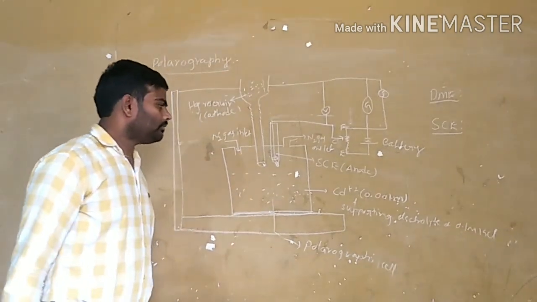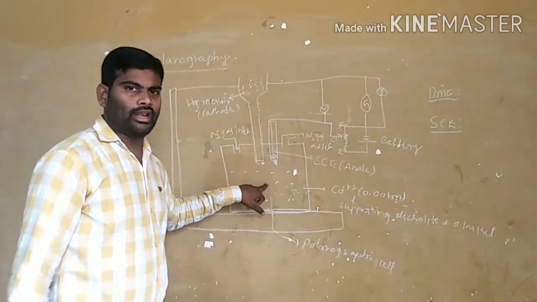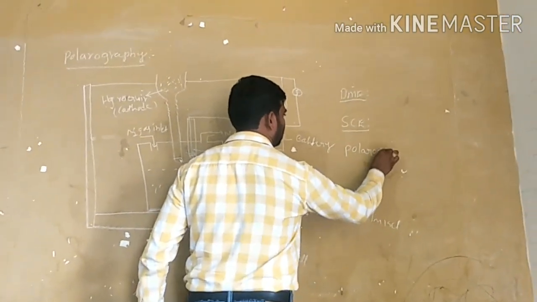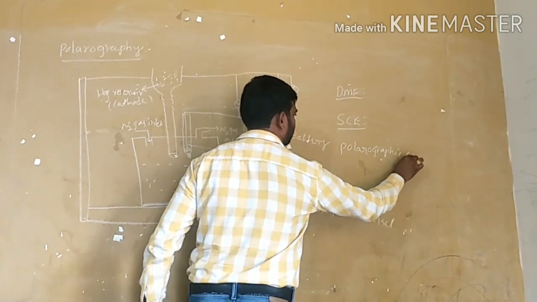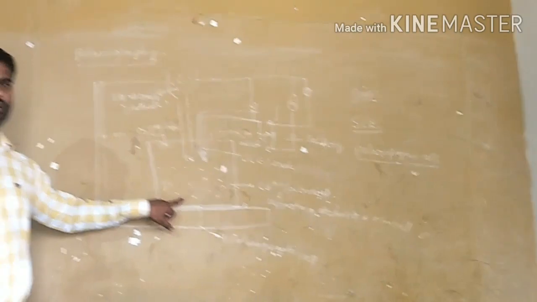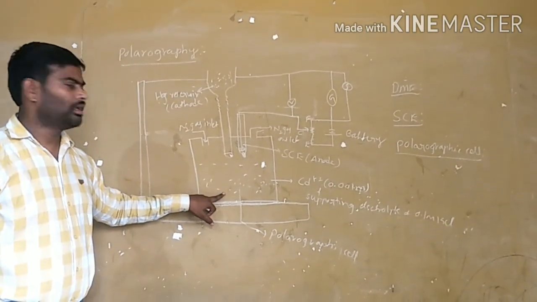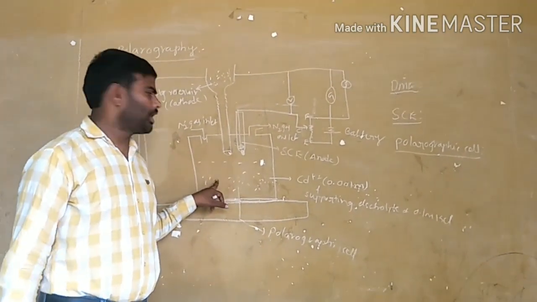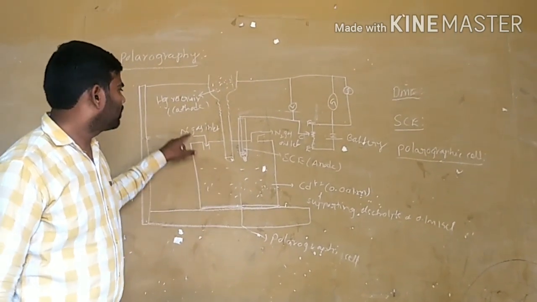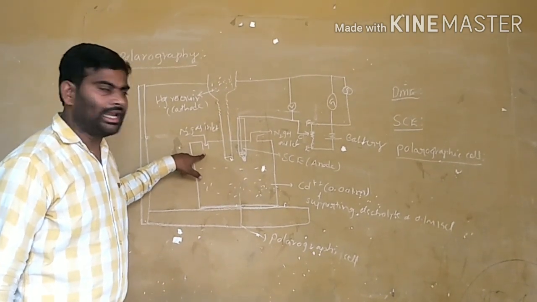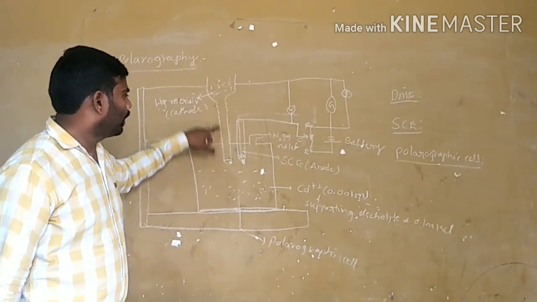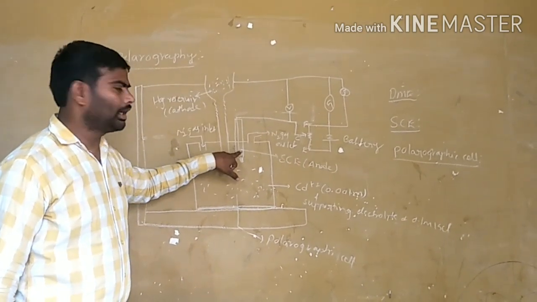Next, the polarographic cell. This polarographic cell consists of a small glass vessel, and it is fitted with a nitrogen gas inlet and outlet, a dropping mercury electrode and a reference electrode.